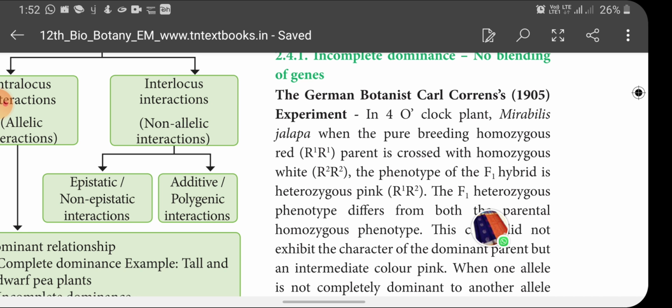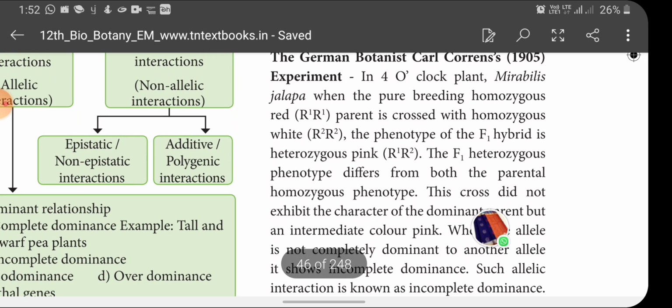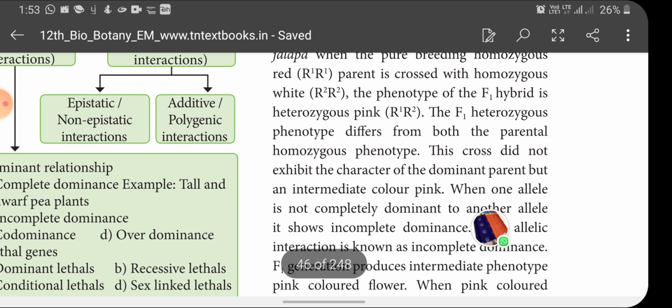So the F1 heterozygous phenotype differs from both the parental homozygous phenotypes. This cross did not exhibit the character of the dominant parent but an intermediate color, pink. In F1 it is heterozygous, not homozygous: it has capital R1 and capital R2, the two allelic forms. So this is called what?